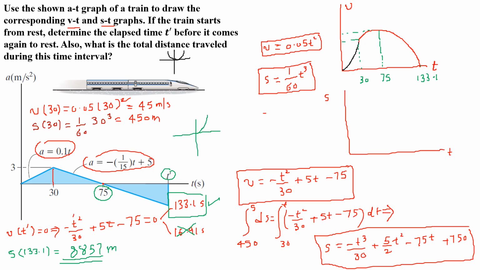It looks something like this, a little bit something like this. If we have a negative sign before the leading power, this curve will be reflected on the x-axis. Now for the first segment, I'm simply having something like this for displacement.